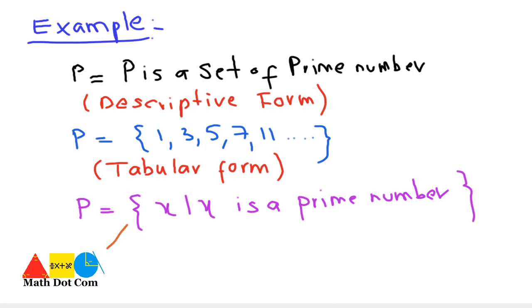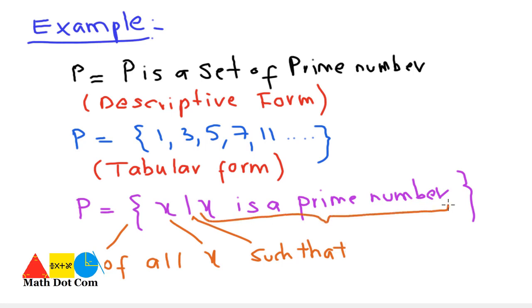You can read it like: set of all x such that x is a prime number, or x belongs to prime numbers.